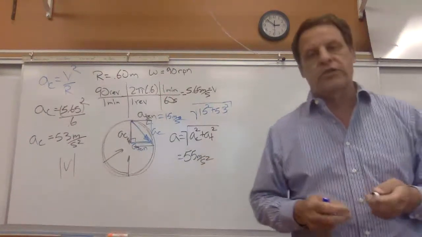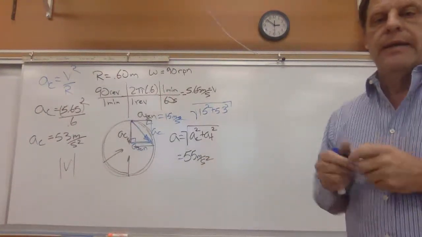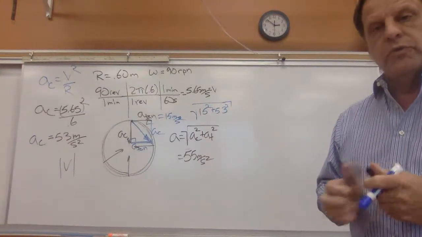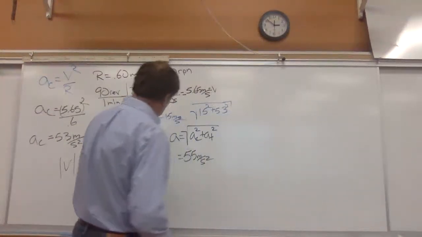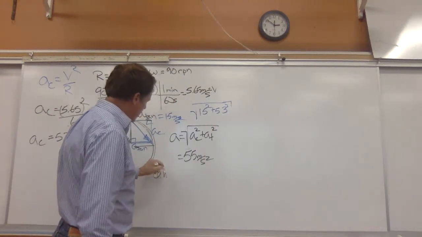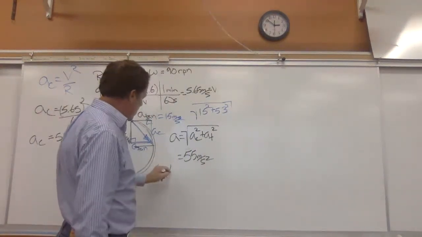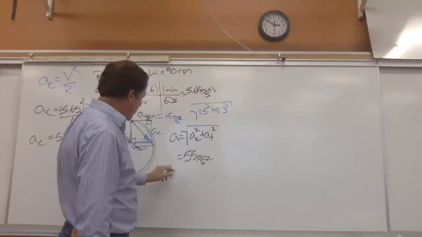But what direction would that be? And now we're just going to use a little trig, and we're going to say the inverse tangent of opposite over adjacent.